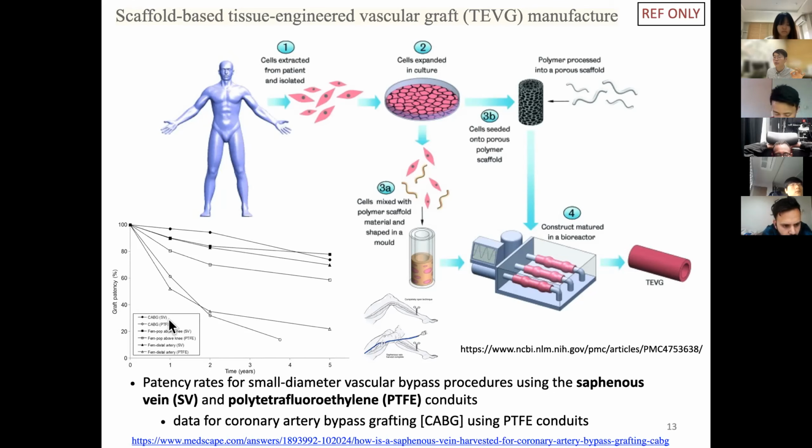You see all the filled ones are higher, even at 5 years, roughly 80% patent, while the empty ones, the vascular graft, decrease over time, and after just 4 years it's almost useless. So it requires a further procedure.